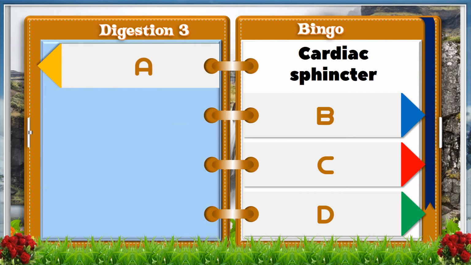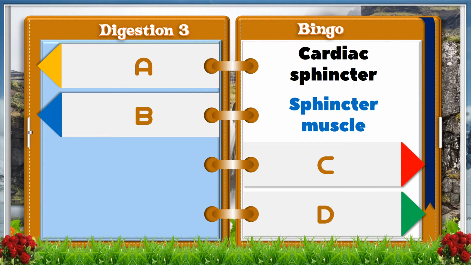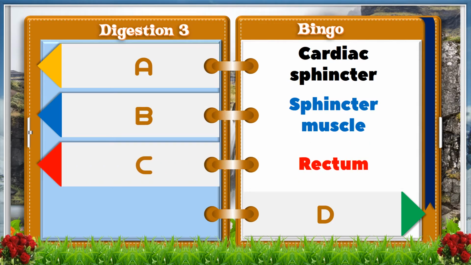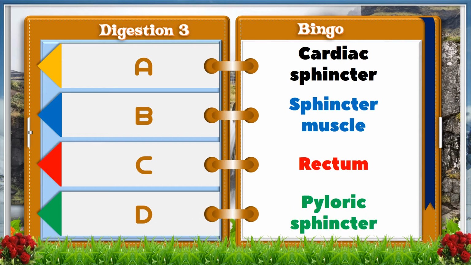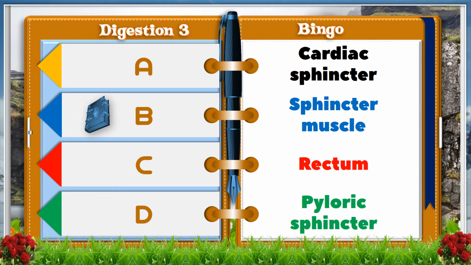A. Cardiac sphincter. B. Sphincter muscle. C. Rectum. D. Pyloric sphincter. And the answer is B. Sphincter muscle.